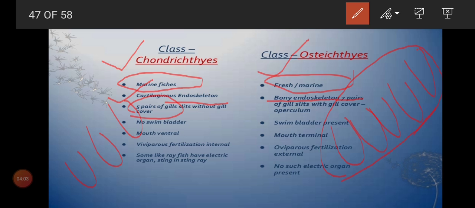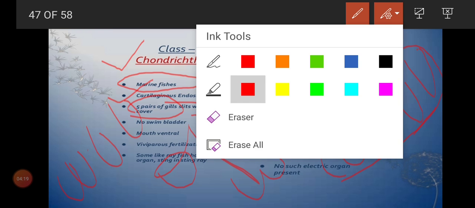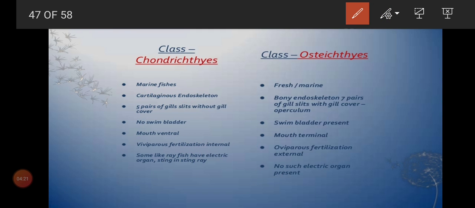It is an advanced character, whereas in Chondrichthyes the gill slits are not covered at all. So we say it is without gill cover. What is the name of the gill cover? Operculum. Gill cover is operculum.